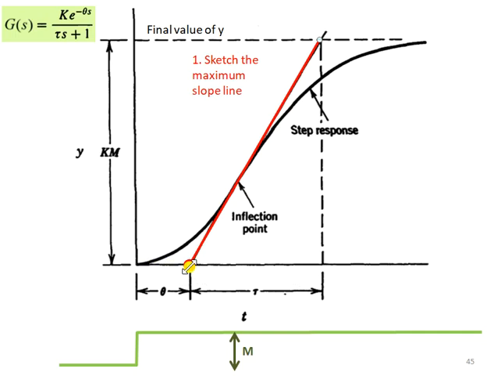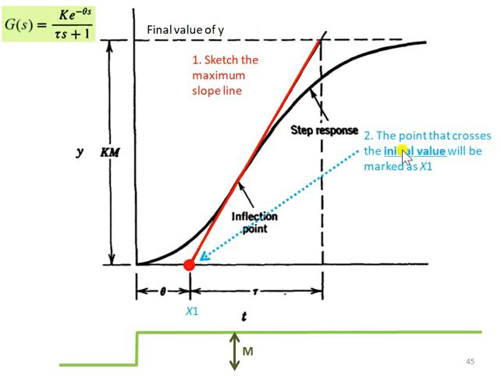We start plotting here straight, crossing this inflection point up to the final value of y. So this is the estimated final value of y. This slope should cross these two lines, the final value and the initial value.